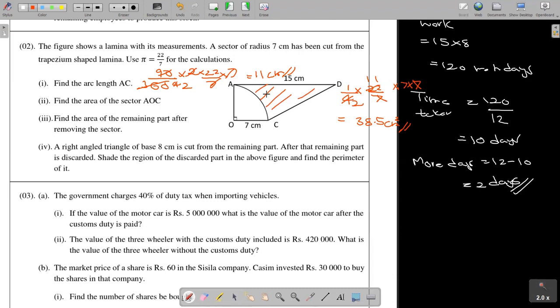So you have to first find the trapezium. It's the trapezium. 15 plus 7 divided by 2 into this perpendicular height. So this is radius, this is radius. 7. You have to minus 38.5. So 22 divided by 2 means 11. 11 into 7, 77 minus 38.5. Again, the answer is 38.5 centimeters squared.